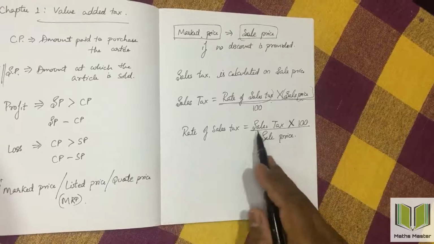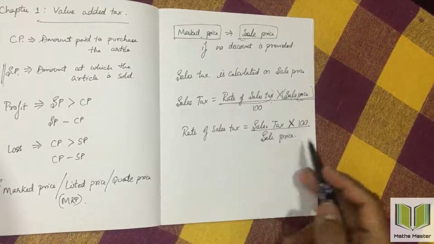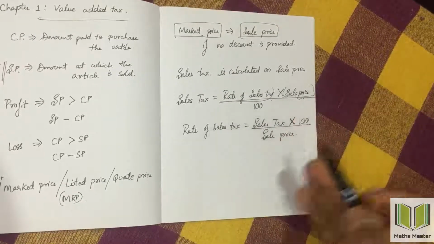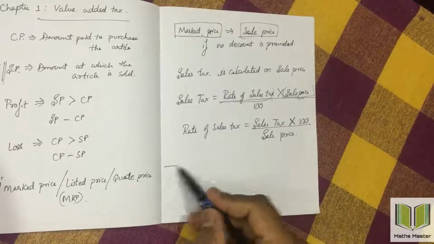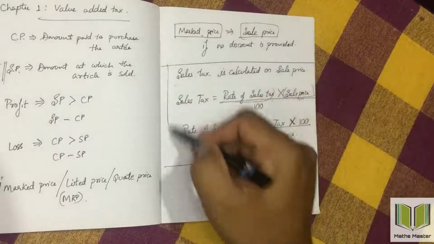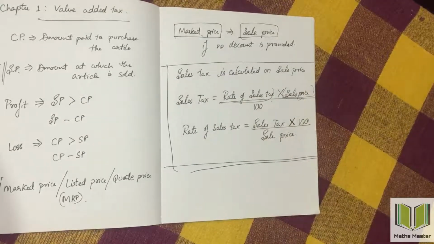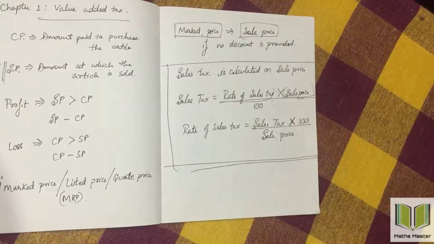So rate of sales tax is equal to sales tax multiplied with 100 divided by sale price. Similarly, sale price is equal to sales tax multiplied with 100 divided by rate of sales tax. These are the three important things that you need to know in this particular chapter to go further.